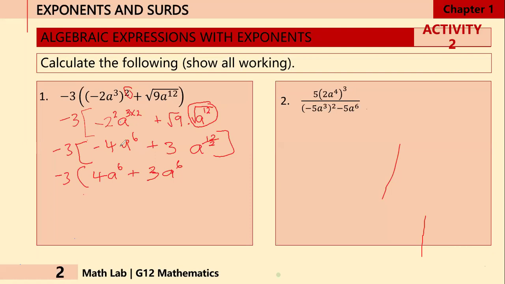Won't it be positive 4? Yeah, your line is not quite clear. I can't hear you. Maybe you can type the question. Yeah, please type the question. Maybe I can hear it.